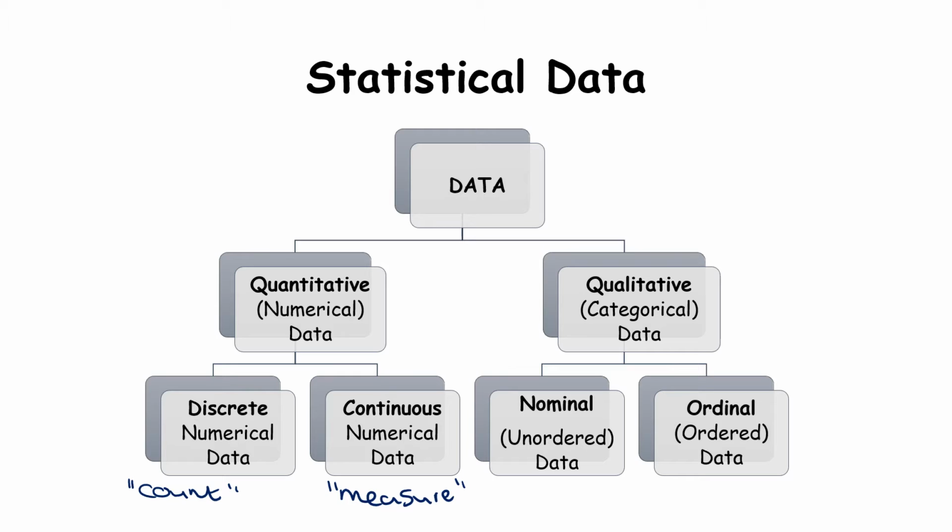Underneath categorical data, we have nominal and ordinal data. They are broken down into ordered and non-ordered data. So some word data has an automatic or inbuilt order to it. For example, small, medium, large, or first, second, third. Be careful, they are words, not numbers.